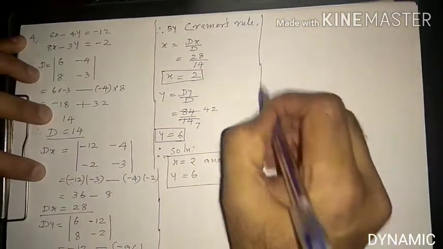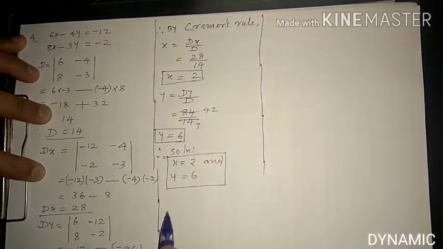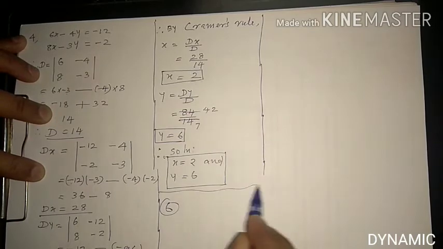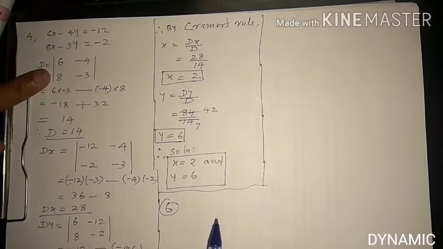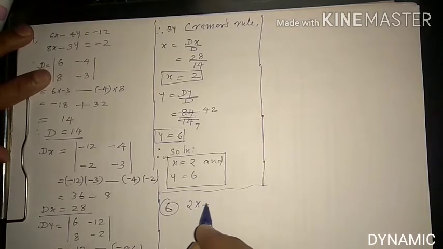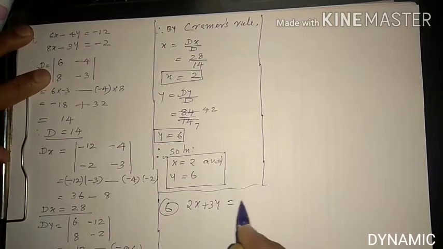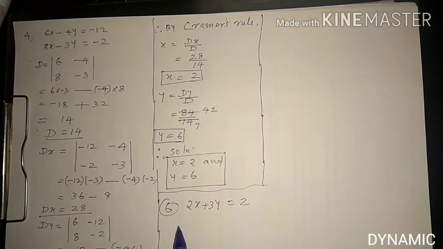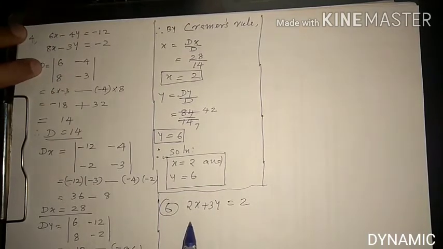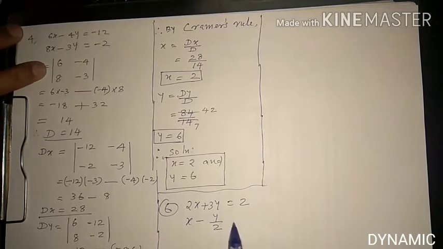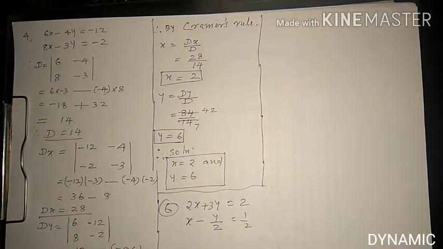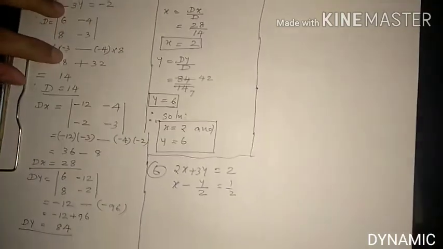Now we go for the next question, the last question, question number 6. The sixth question is 2x plus 3y equal to 2, first equation. Second is x minus y by 2 equal to half. That is the second equation.